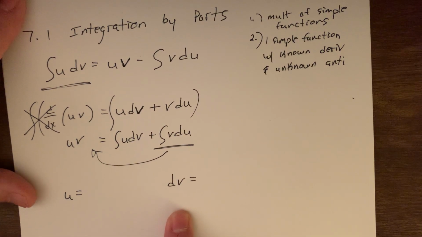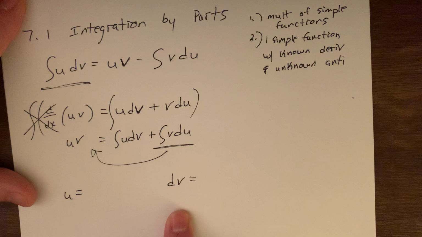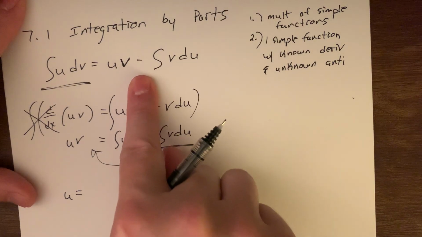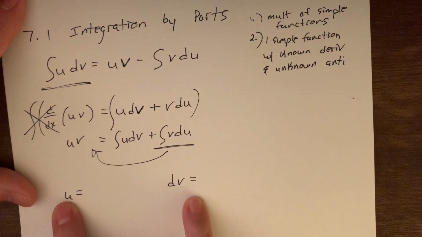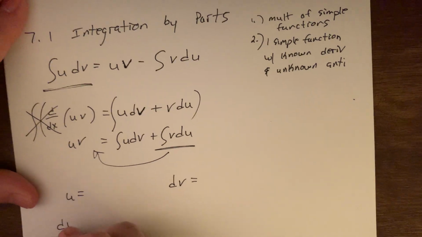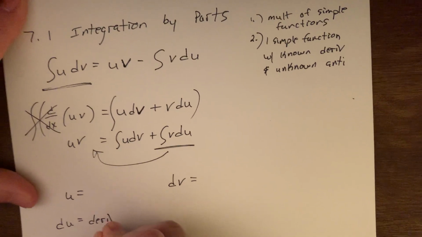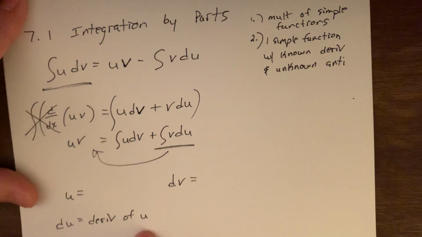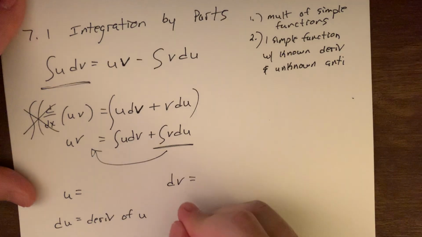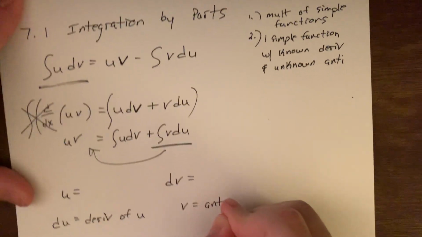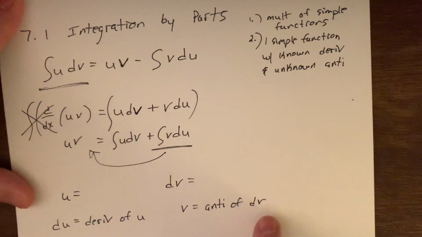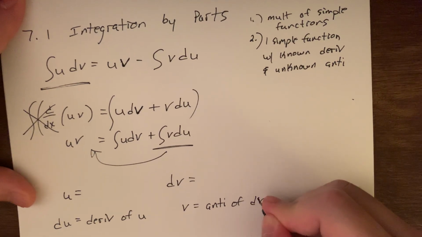So, right off the bat, there's a lot of little things that bother students when they first see this. Overall, this is an integration technique, but just literally trying to set up this formula, first we have to make two identifications, then we take the derivative of whatever we assigned for u, and then we will take the anti of whatever we assigned for dv.